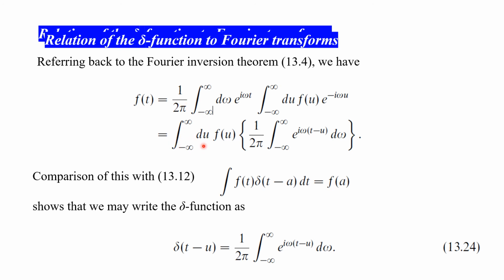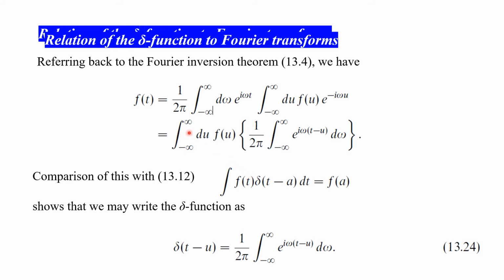You have the integral of du f of u times 1 over 2 pi times the integral of exponential i omega (t minus u) d omega. So we just combine the two exponentials and rewrite it in this form. And you can compare this one with equation 13.12, which is this one here.